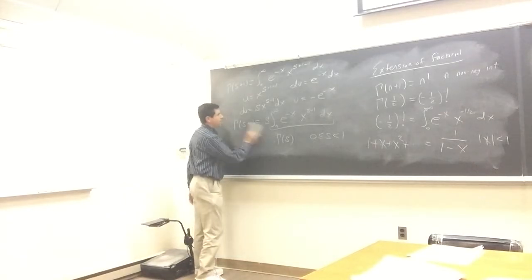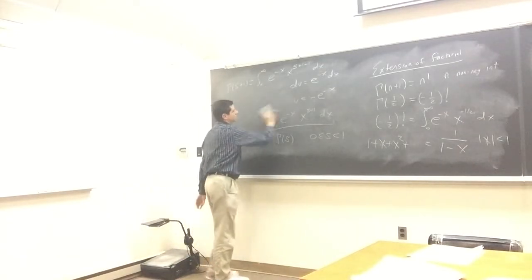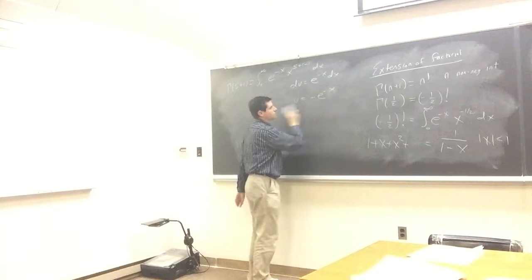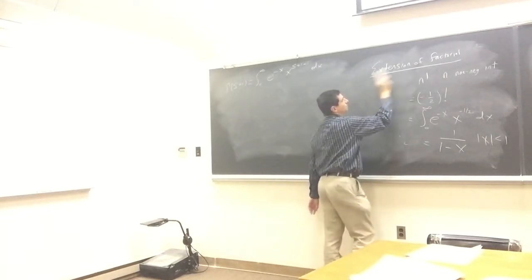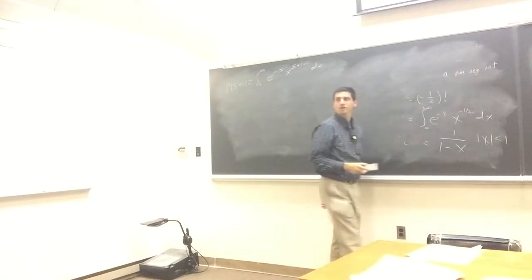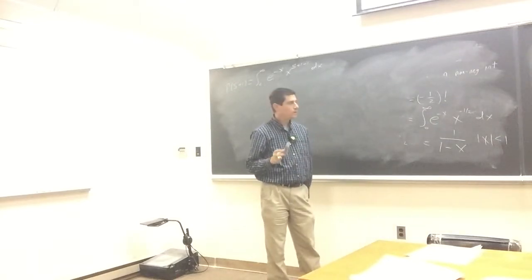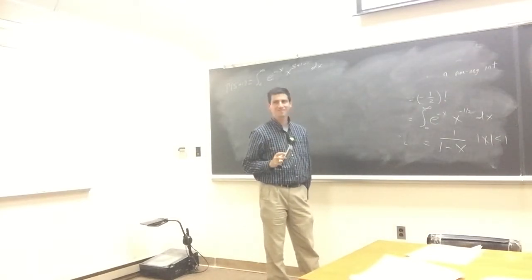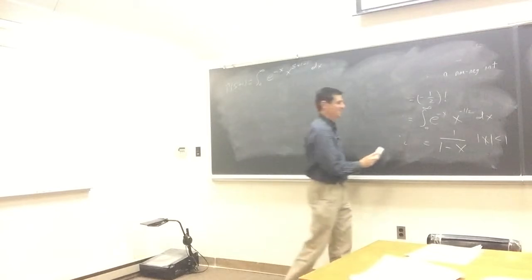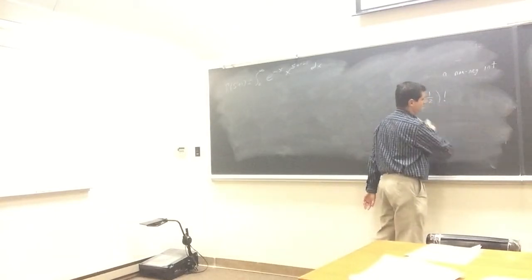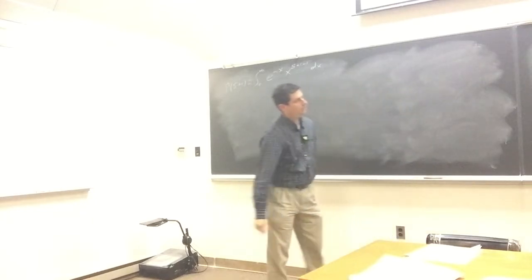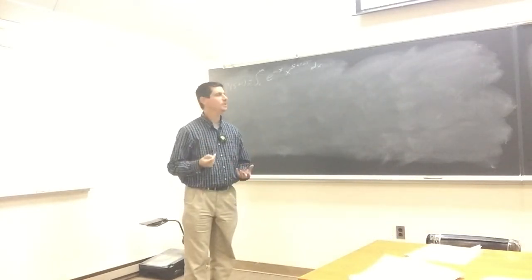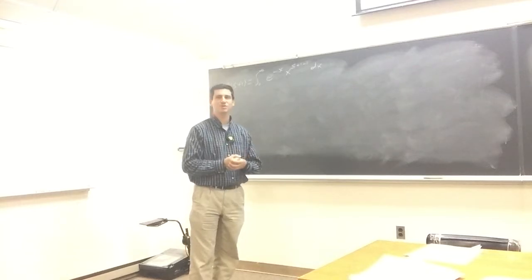What's the easiest value of m to look at? What value of m would you like to look at? Negative half? Not negative a half. 0. Why 0? Well, the 2 to the m simplifies to 1, but 2 to the m is not really what's bothering me.